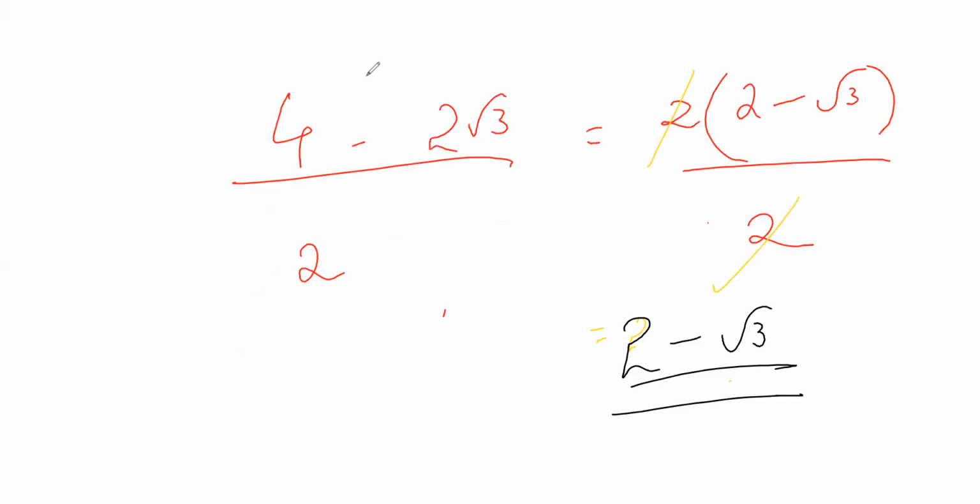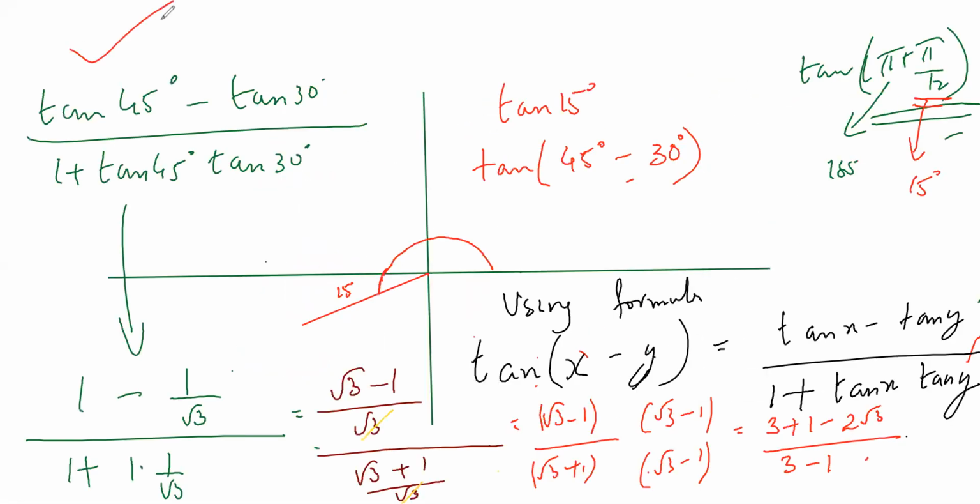Correct? That is the reason I included here tan 45 minus tan 30. But as you go on, you'll be comfortable with tan pi by 4 for 45 and tan pi by 6 for 30. If I had written these kinds of things in this particular problem, we won't be that comfortable.